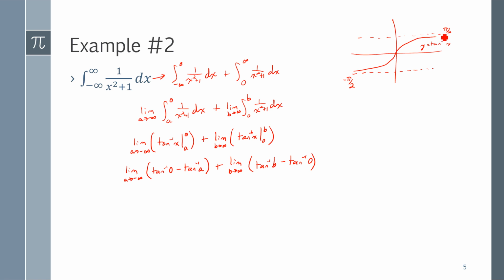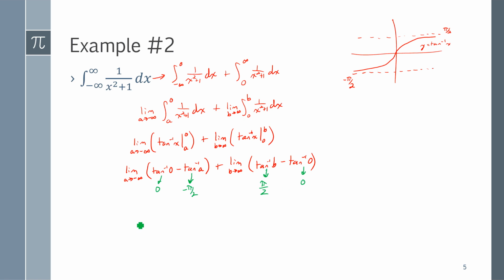So as x is going to positive infinity, my inverse tangent is approaching pi over 2. As x is going to negative infinity, inverse tangent is approaching negative pi over 2. And then my inverse tangent of 0 is just 0.